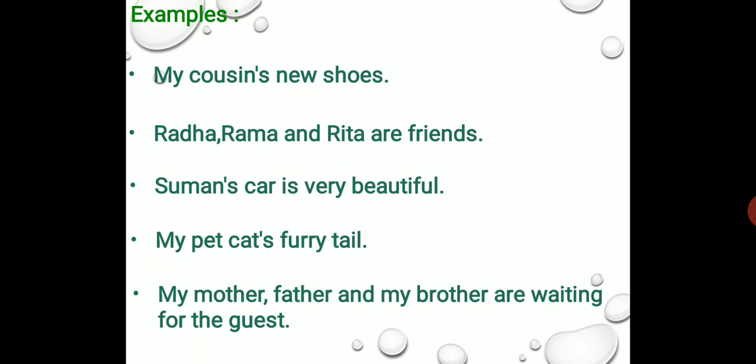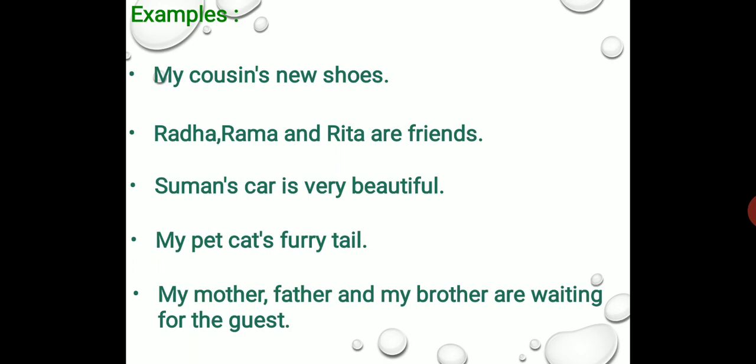My cousin's new shoes: after cousin we use an apostrophe and S, which means the shoes belong to my cousin. The shoes are owned by my cousin. The shoes are my cousin's shoes.